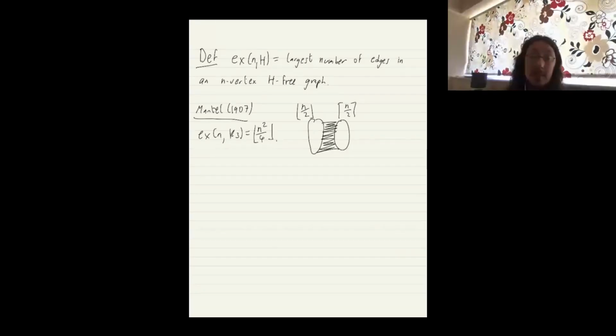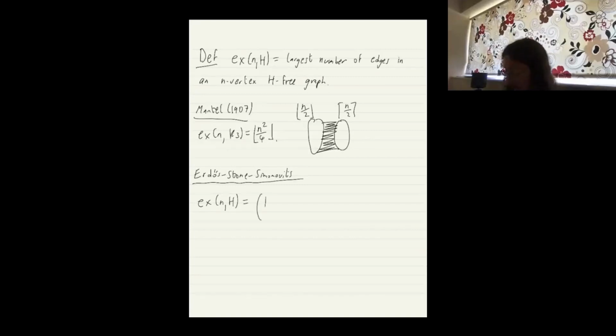This was generalized some years later, so there's a theorem of Erdős and Stone, which, when tied with an observation of Simonovits, basically gives a characterization of the extremal number for all graphs. So their theorem is that the extremal number for any H is (1 minus 1 over the chromatic number of H minus 1, plus little o(1)) times n choose 2.